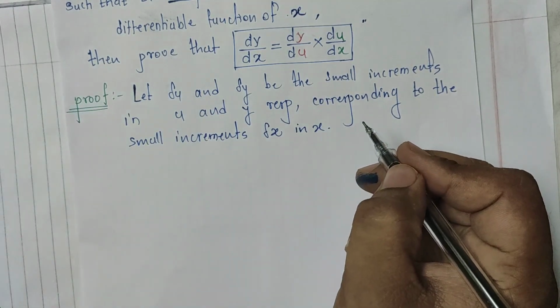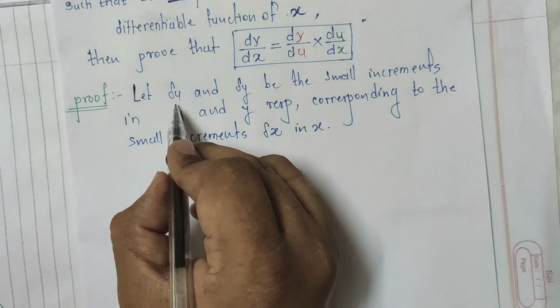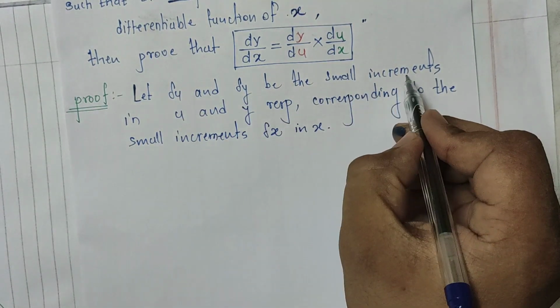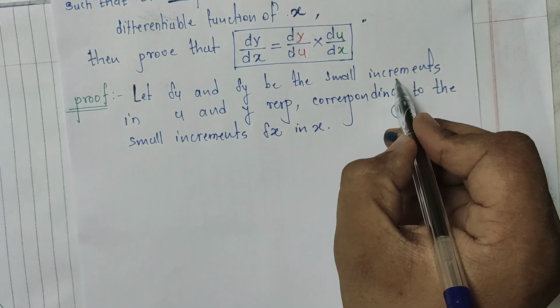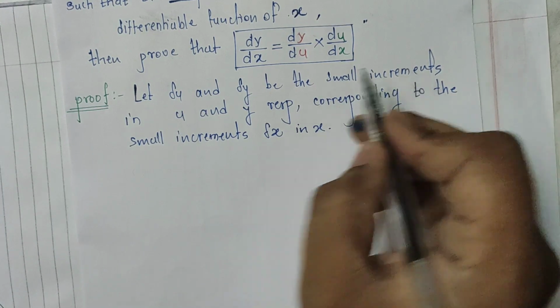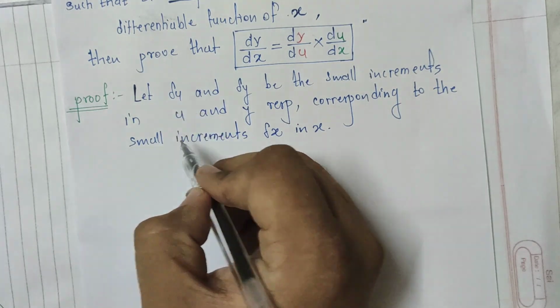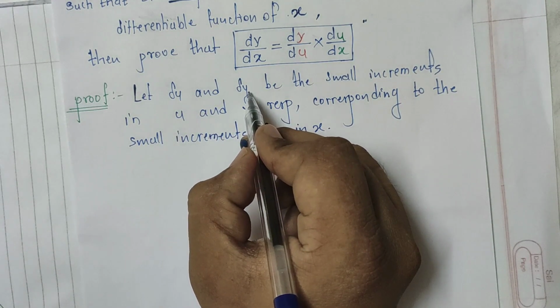Here I am writing delta u and delta y as small increments, meaning changes. Which function changes? u changes by delta u and y changes by delta y.